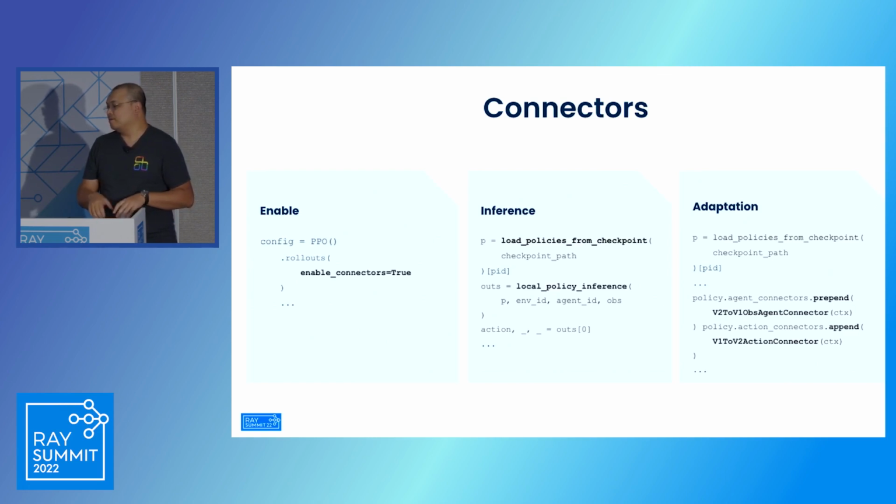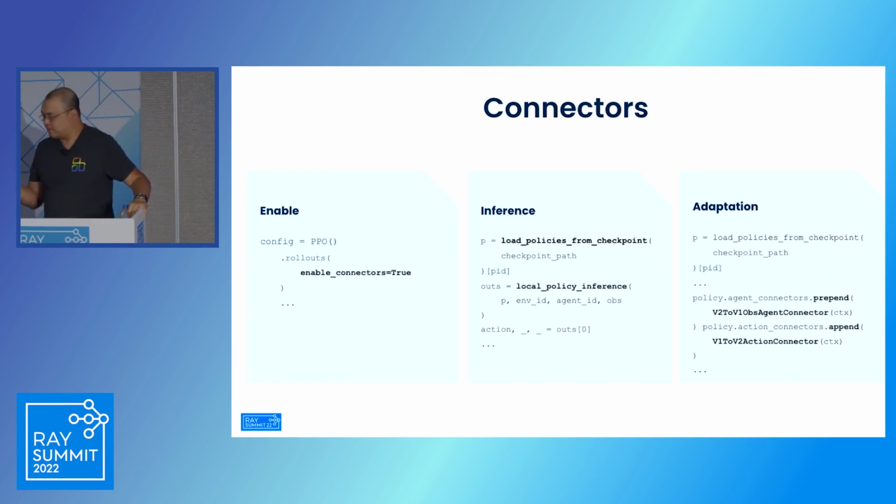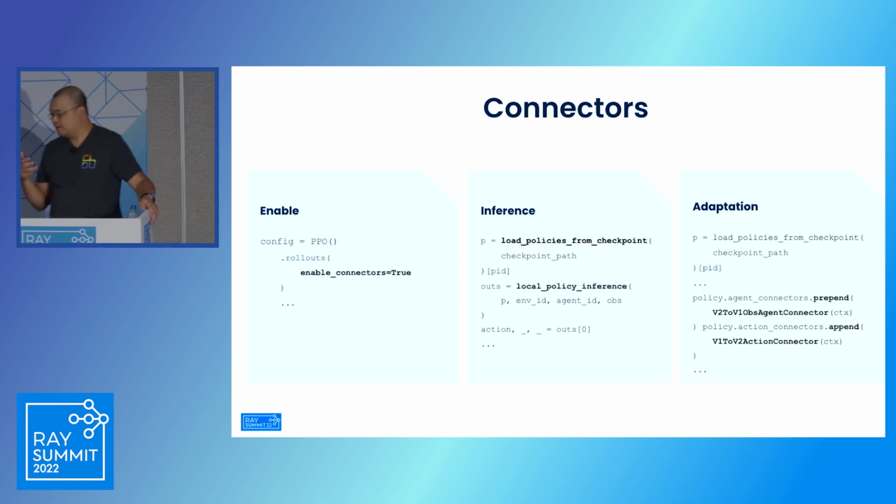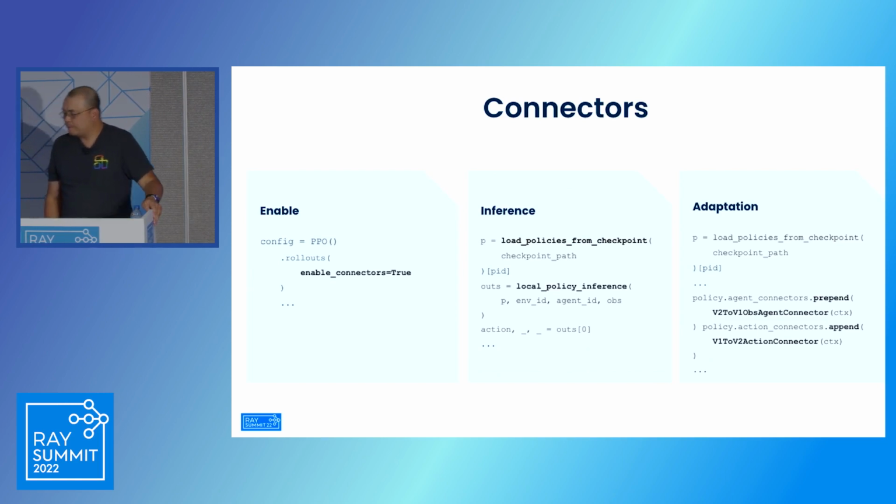That allows you to do things like just straight recover a policy from a policy checkpoint file. For example, this middle graph shows, in the new world, you will be able to just provide a checkpoint path, and then we're going to recover a policy for you, and you can just do local policy inference on that.